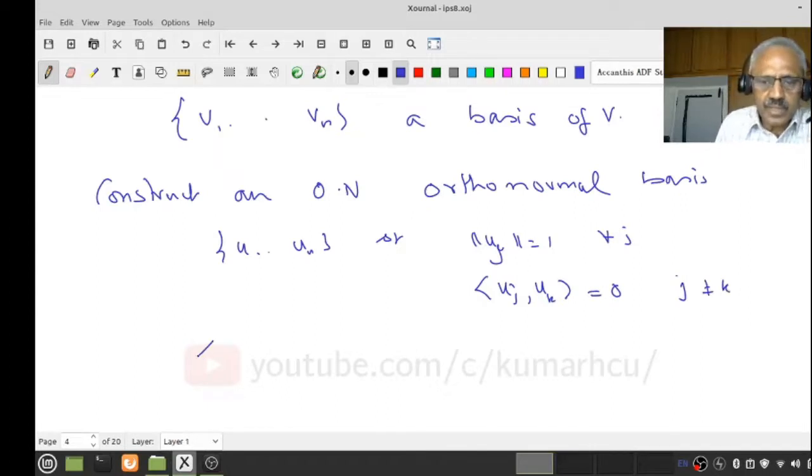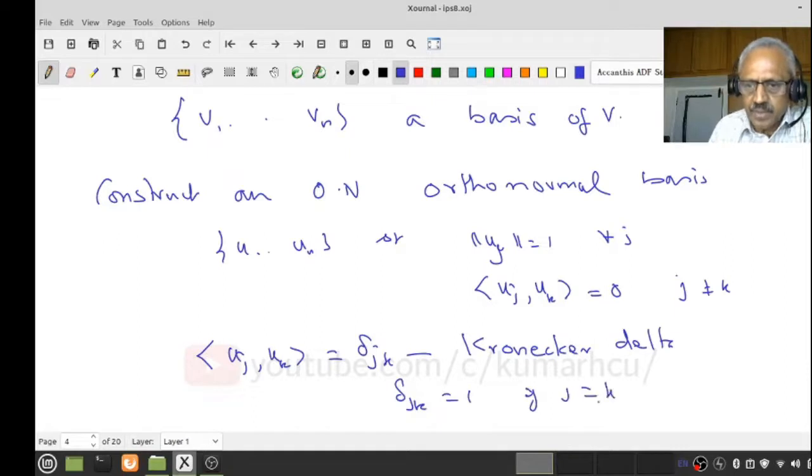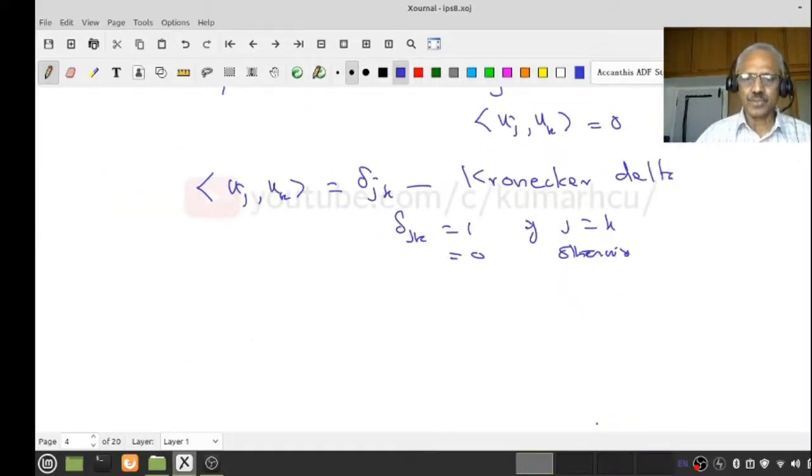If you know the Kronecker delta, then the inner product of Uj and Uk must be delta jk, where delta jk equals 1 if j is k and equals 0 otherwise. You should learn some jargon along the way. Now we want to do that.